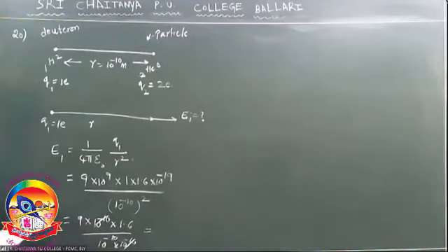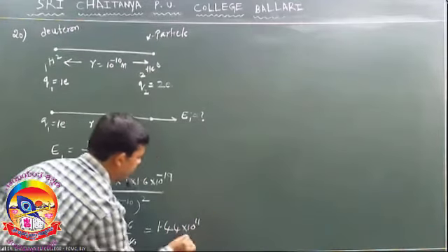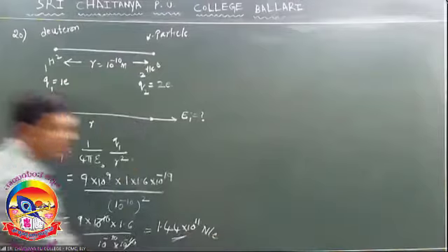Then what is your answer? 1.6 into 9. How much is it? 14.4. 9 into 1.6, 14.4. This 10 power minus 10 goes up, 10 power plus 10. So you can write it as 1.44 into 10 power 11 Newton per Coulomb. This is the answer.